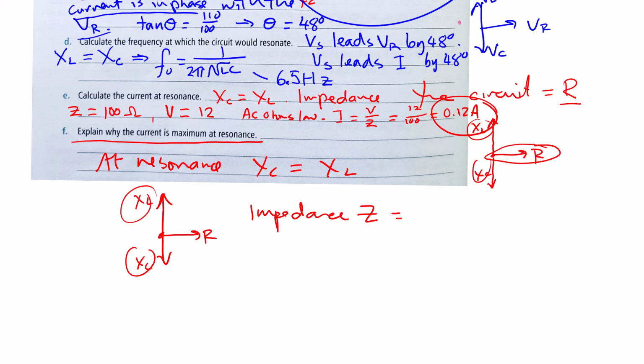XL and XC are the same, so they cancel one another out. So we're actually left with resistance R. So the overall impedance at resonance is only equal to R. That's the smallest impedance possible.